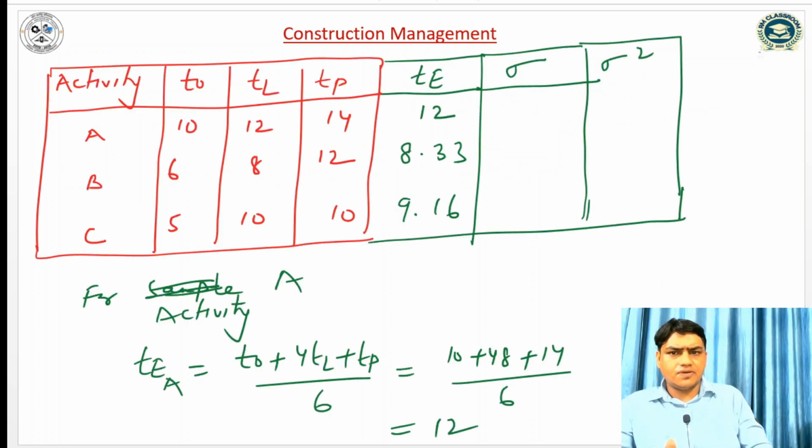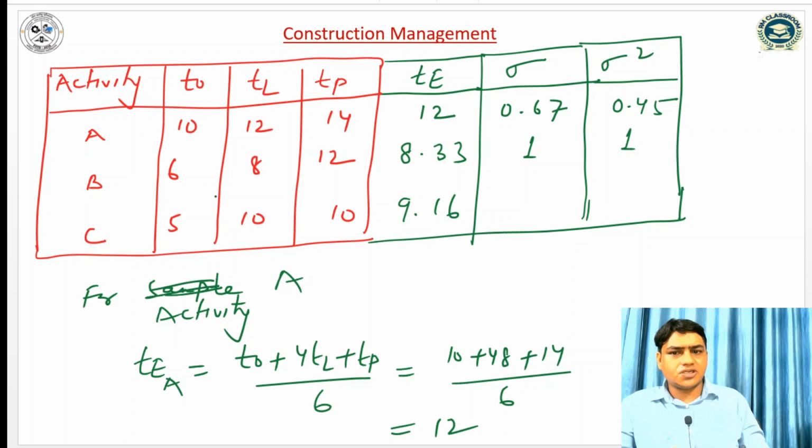So the standard deviation for A is 0.67 and the variance is 0.45. Similarly, for B, the standard deviation can be computed as Tp minus T0 by 6, so 12 minus 6 by 6, so it is unity, and the square of unity is also unity.